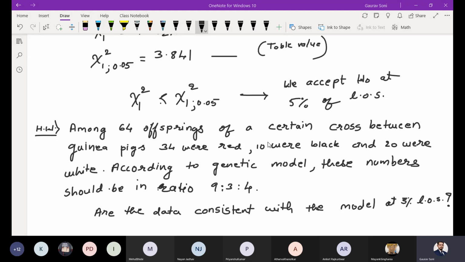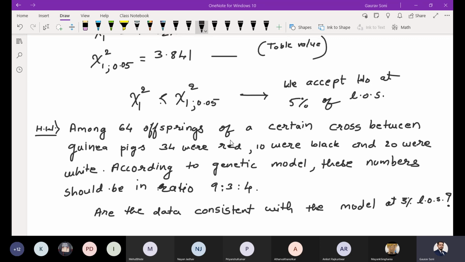According to these three numbers, the model should give it in the ratio 9 is to 3 is to 4. So the total is 9 and 4, 7 and this 16.